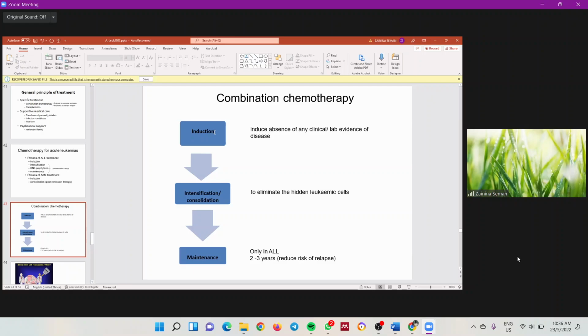So the first chemotherapy is to kill off all the visible blasts in the peripheral blood, followed by intensification or consolidation. This phase is to eliminate the hidden leukemic cells, followed by maintenance, but maintenance only in ALL.